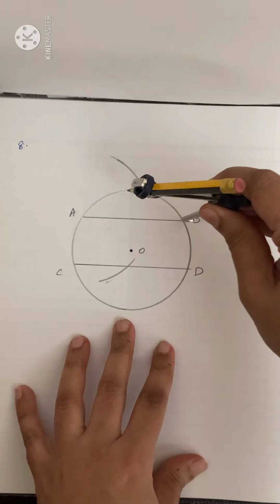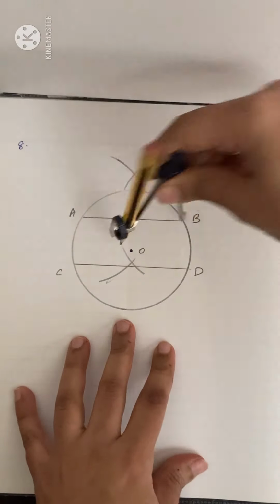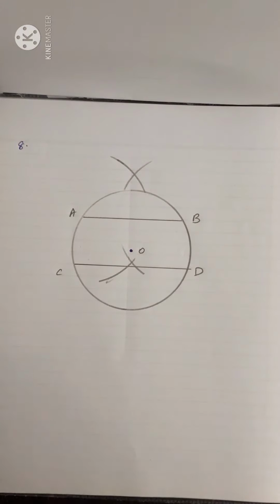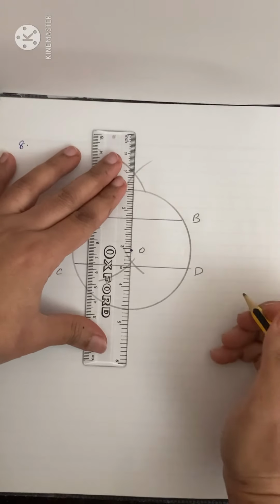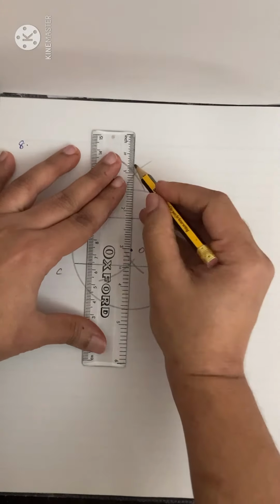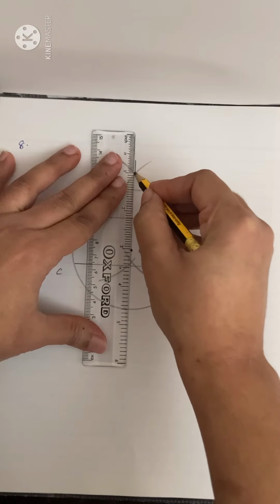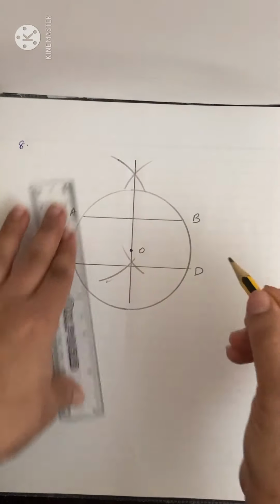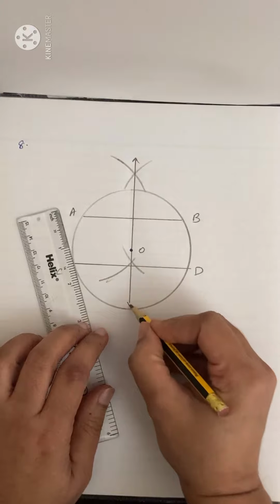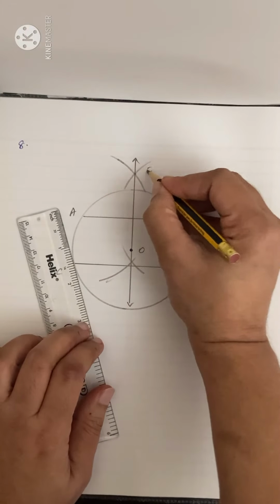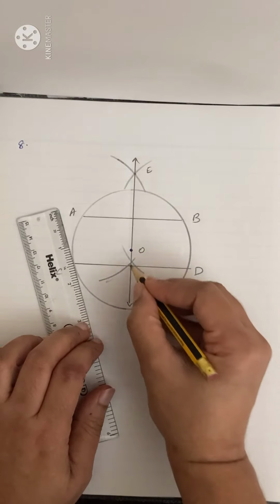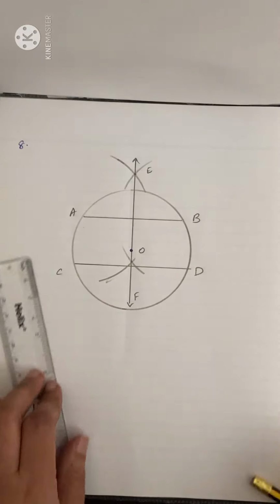Then B as center, draw the arc. Draw the perpendicular bisector. Let EF be the perpendicular bisector of AB.